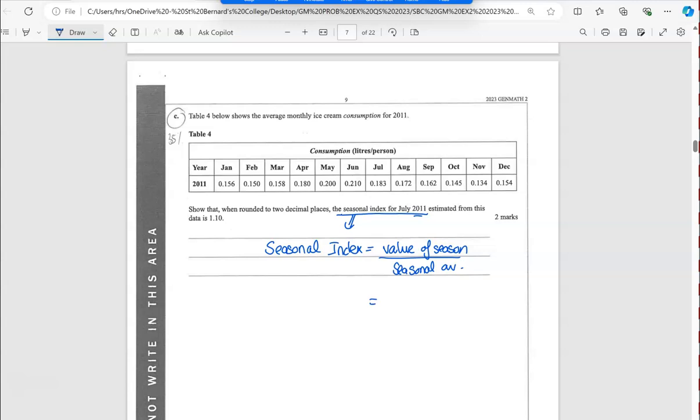They're giving us the actual for July, which is 0.183. We also need the seasonal average. Remember, you add all of the seasons up and divide by 12. So this one ends up being 2.004 divided by 12, which is 0.167. So I can pop that into my formula now.